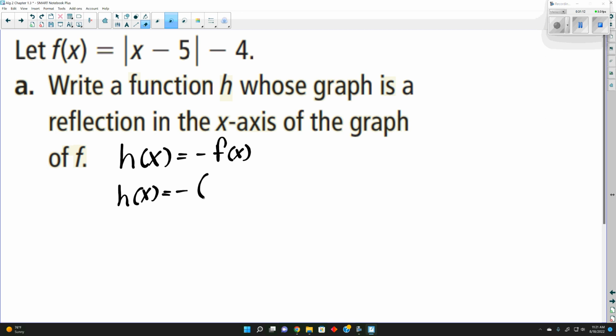Now, our function here, f of x, is absolute value of x minus 5 minus 4. So we just plug the function in because we didn't do anything with the f of x. We just apply the negative to it. So we end up getting negative parentheses, absolute value of x minus 5, minus 4, close parentheses. Distribute the negative.